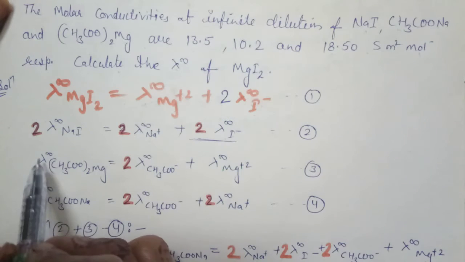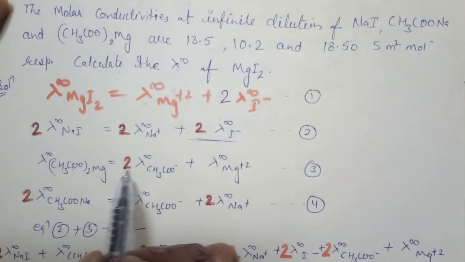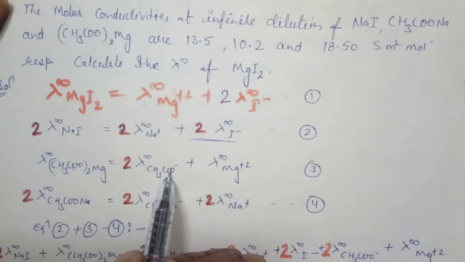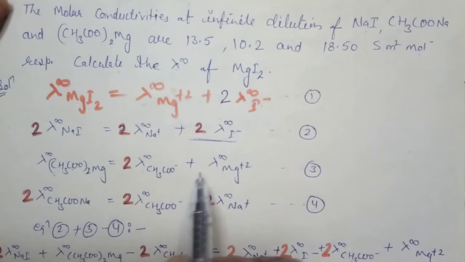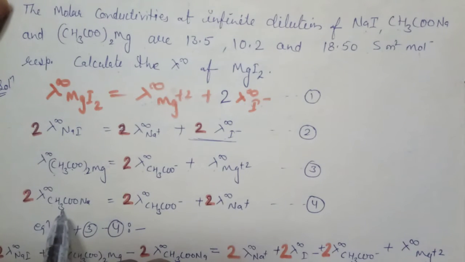Next, lambda infinity magnesium acetate is equal to 2 lambda infinity acetate ion, as there are 2 acetate ions, plus lambda infinity Mg plus 2. And lambda infinity CH3COONa is equal to lambda infinity CH3COO minus plus lambda infinity Na plus.